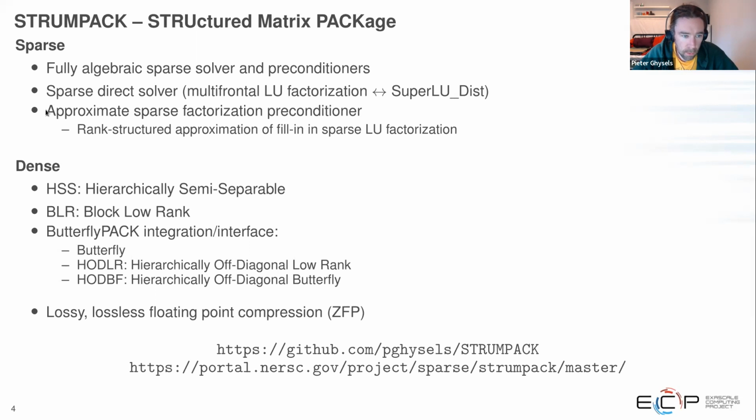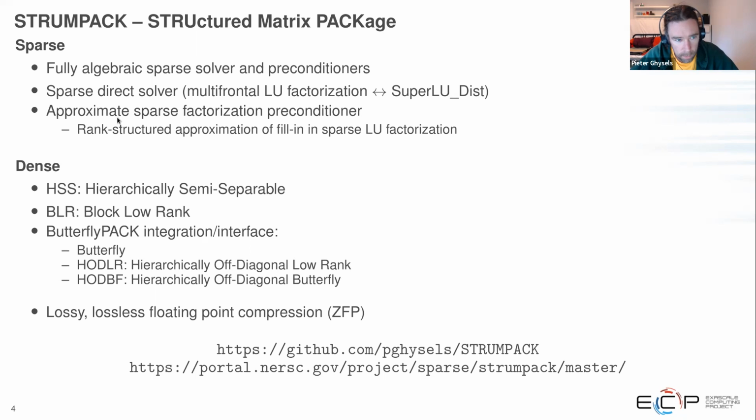This is somewhat similar to the idea of ILU, where you have L and U factors which are not exact but approximate. But instead of dropping elements from the LU factors, we will approximate the L and U factors using rank structured approximations. So we will try to find dense blocks inside the sparse LU factors and then approximate those smaller dense blocks using low rank approximations. I will go through the details of the algorithms in the later part of the tutorial.